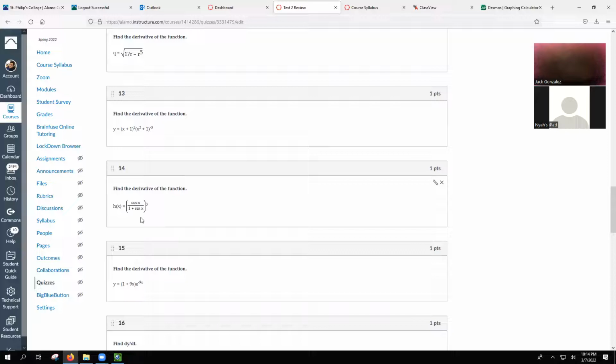Find the derivative of the function. So this one's also a chain.